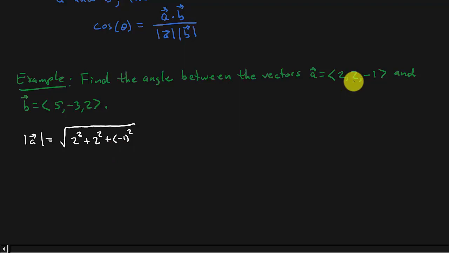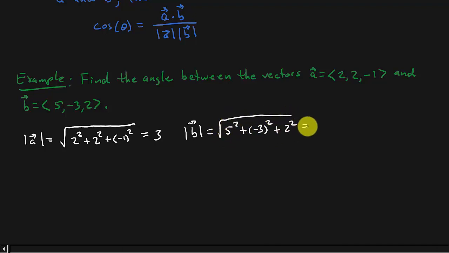It's just this squared plus this squared plus this squared, and that ends up giving us 3. And then the magnitude of B is the square root of 5 squared plus negative 3 squared plus 2 squared, and that equals the square root of 38. So you can see we've got this and we've got this.